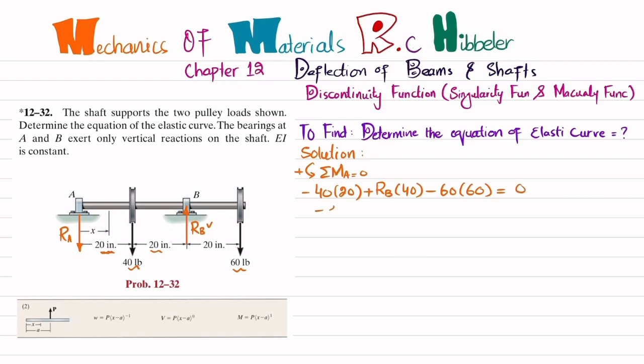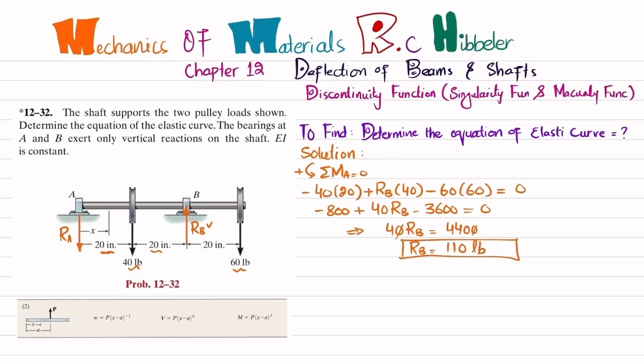So minus 800 plus 40 RB minus 3600 is equal to 0. From here, 40 RB is equal to 4400. So RB is equal to 110 pounds.